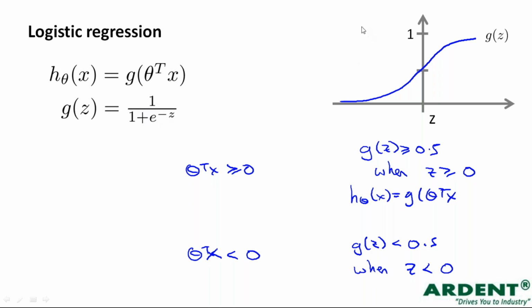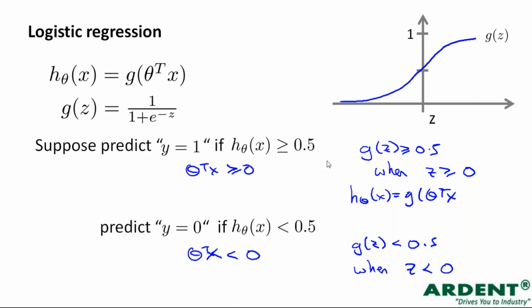This is the formula for the sigmoid curve. For the straight line in linear regression, the formula was h theta of x equal to theta 0 plus theta 1 x, right? Here the formula for the sigmoid is 1 upon 1 plus e to the power minus z.